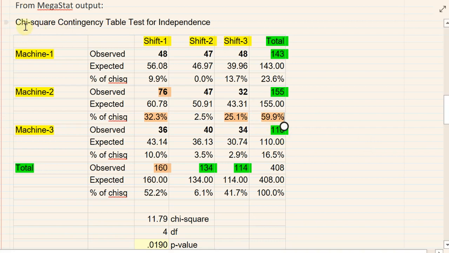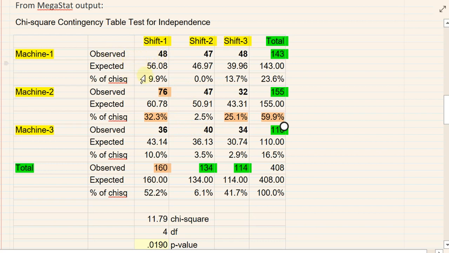So here's the title: Chi-Square Contingency Table Test for Independence. That's what Megastat calls it. Now, remember we had 3 machines, machine 1, 2, 3, and we had 3 shifts. Everything that's in boldface are actually the observed frequencies.